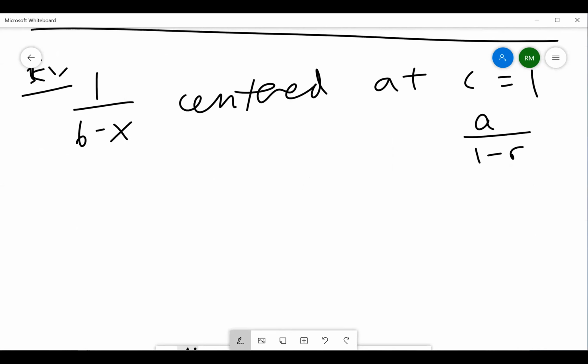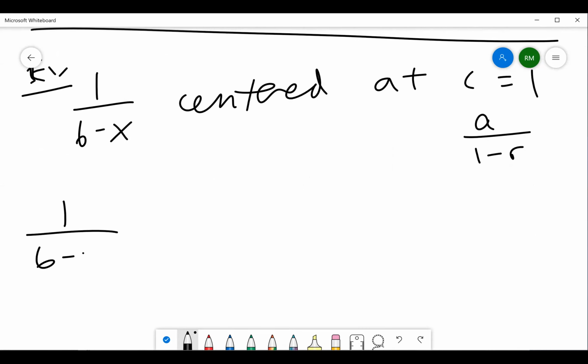So I take my fraction 1 over 6 minus x, and I need to be subtracting something like x minus 1, and I see that to do that, this needs to become a 5. So I can check that if that's 5, nothing has changed.